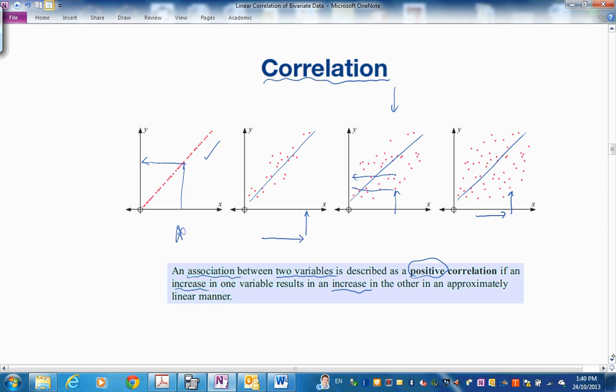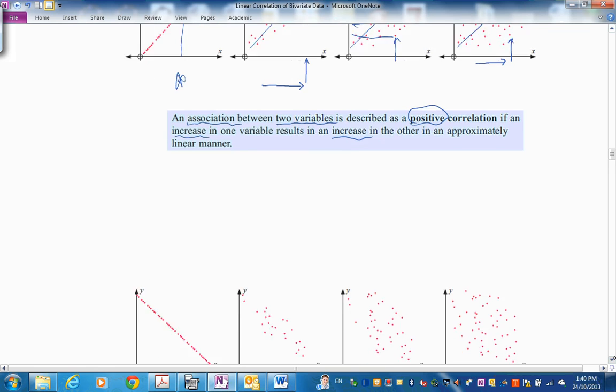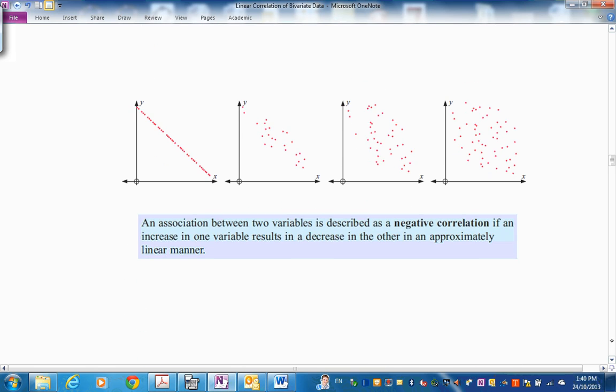Okay, let's look at another situation. What about this? Well, it's going the wrong way. As the independent variable is increasing, the dependent variable is decreasing. All the points are coming down, if you like. Again, though, this is in a very tight, predictable fashion, tightly following a linear model, following a line.